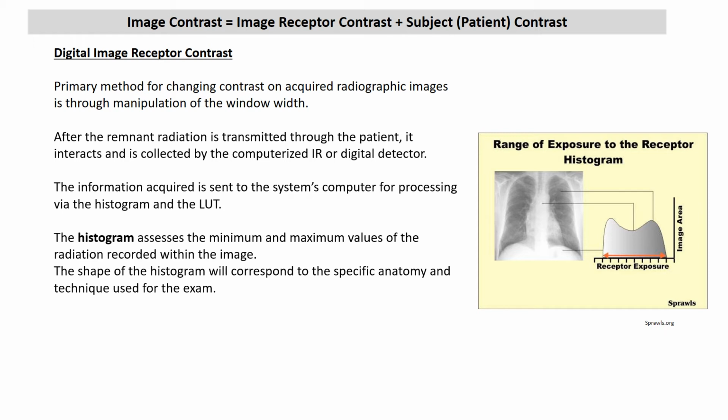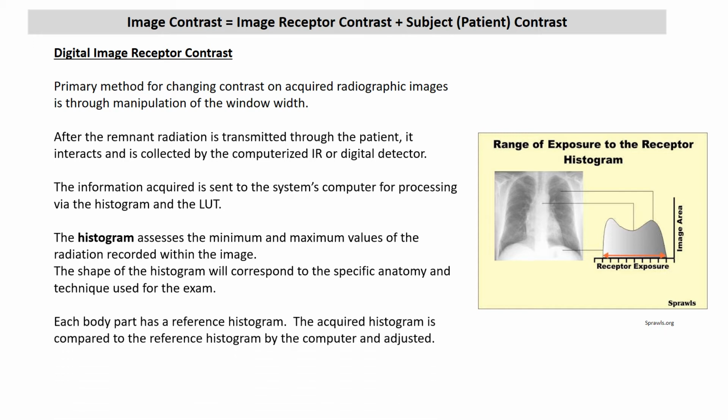So what is the histogram? Well, if we look over to the right, here we've got a chest x-ray. A histogram is a graph that the computer creates to assess the minimum and the maximum values of the radiation that are recorded within that image. And the shape of a histogram will correspond to specific anatomy and technique that's used for the examination.